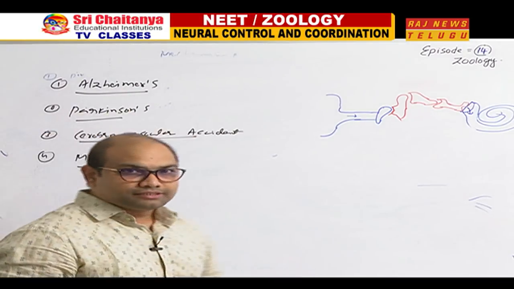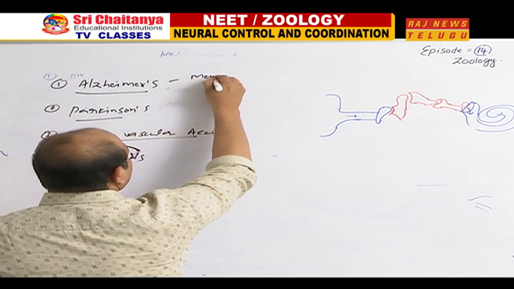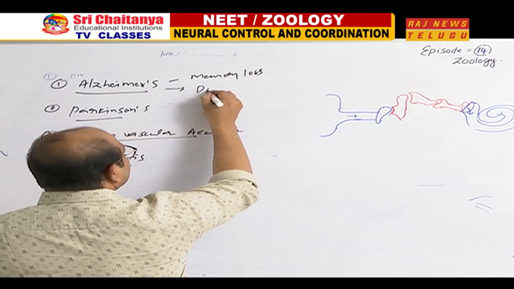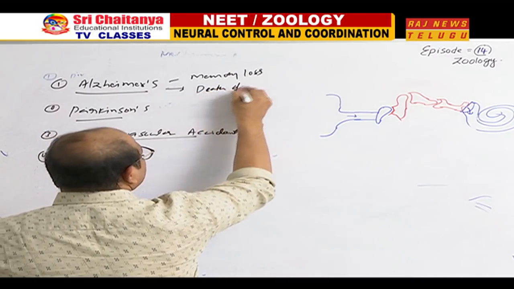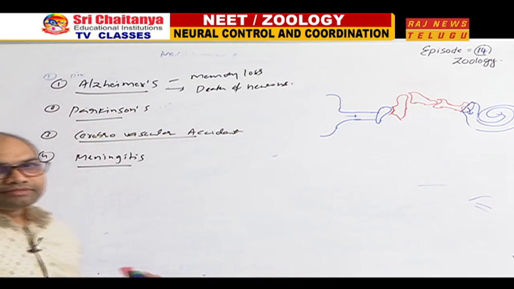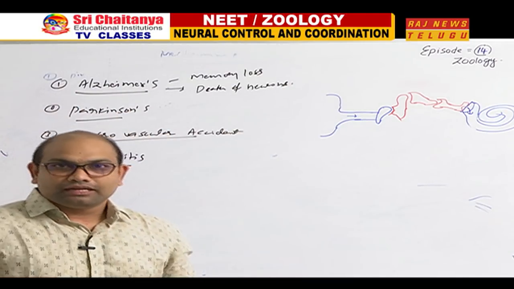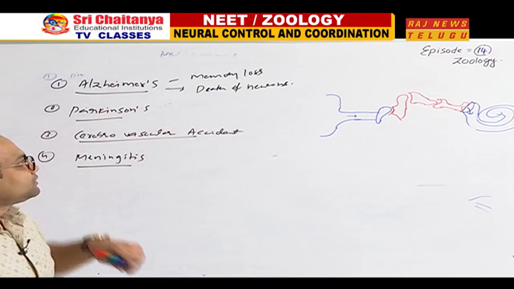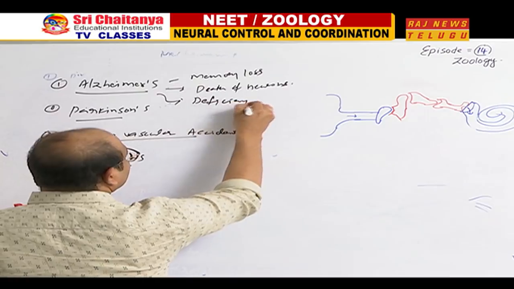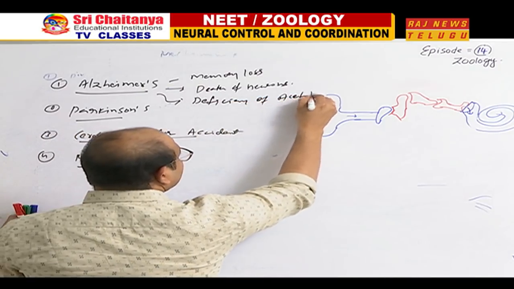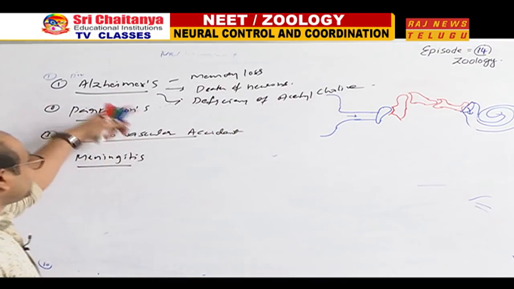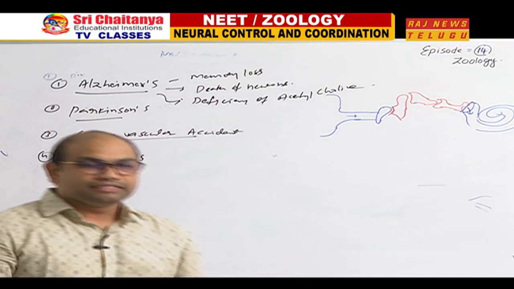Alzheimer's is nothing but memory loss due to the death of neurons. It may be age related, genetical, environmental, and many other reasons are also there for Alzheimer's. Because of death of neurons, there will be deficiency of acetylcholine, which leads to Alzheimer's. In this condition, people are unable to recognize recent events.